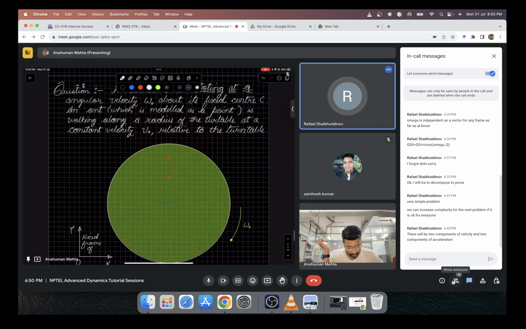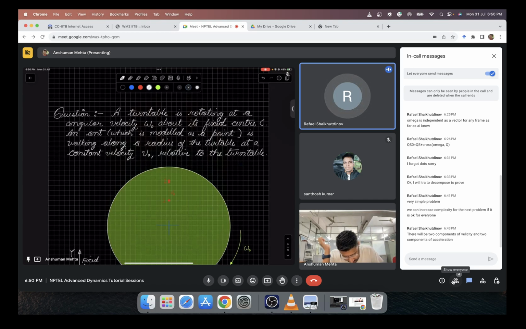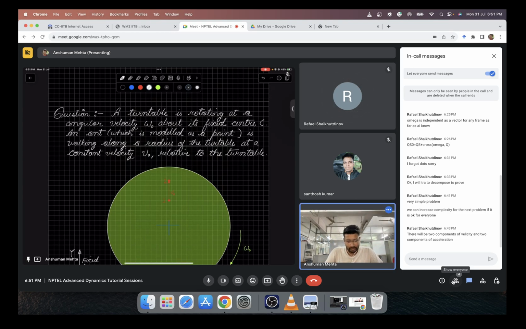So along a radius. Along the radius of the turntable, yeah. This is a very important statement.